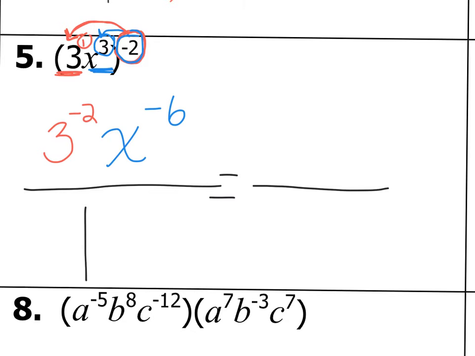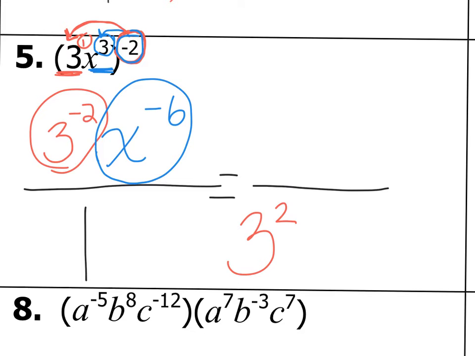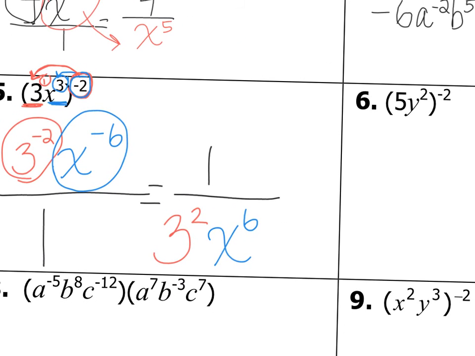So this 3 to the power of negative 2 moves to the bottom here and becomes positive. This x to the power of negative 6 moves to the bottom and becomes positive. On the top, I'm left with just 1. I can simplify this. What would I get? I would get 1 over 9x to the 6th power.